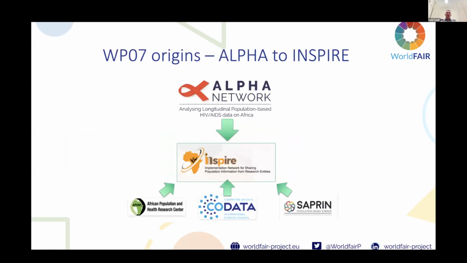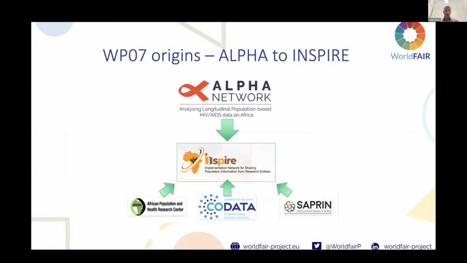The Alpha Network, together with a number of other collaborators, formed a new network called Inspire in 2020. And Inspire acted as a hub and as a focal point for bringing together all of these data-related operations.